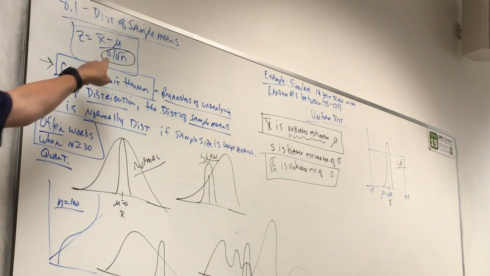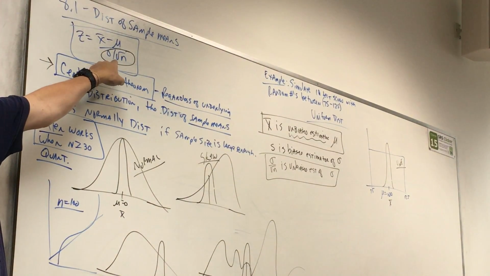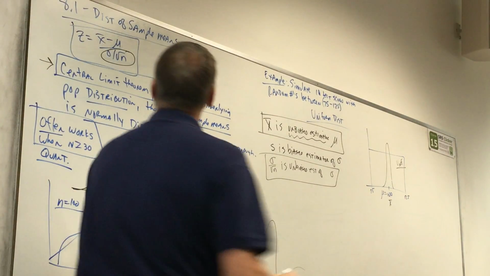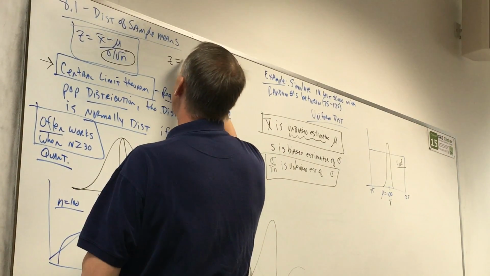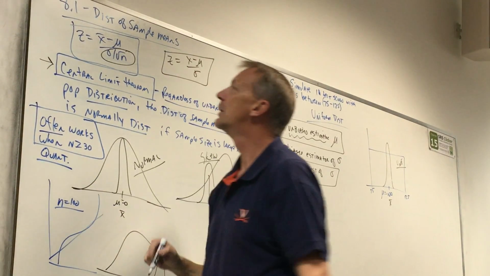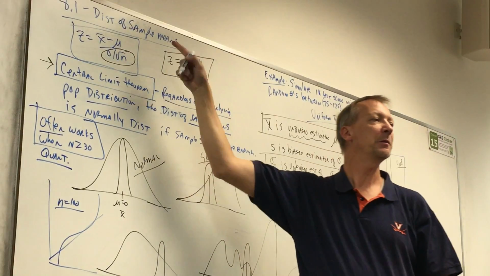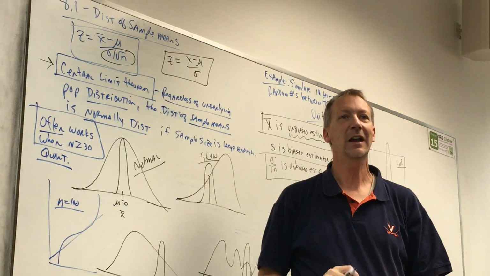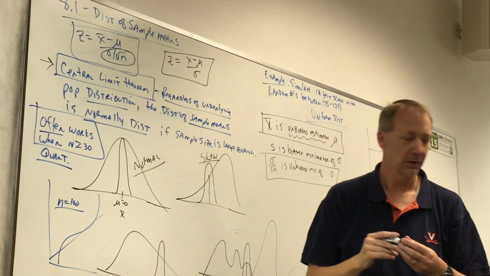We want an unbiased estimator of the sample means. Now you're familiar with the equation z equals x minus mu over sigma, and I've told you just use this one because they're so similar. This is why we have the square root of n in there, okay?